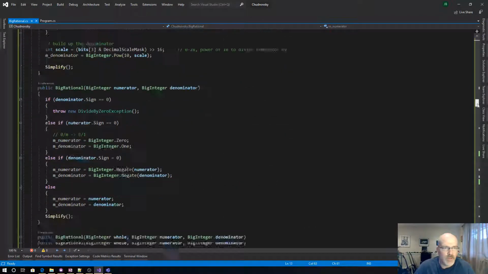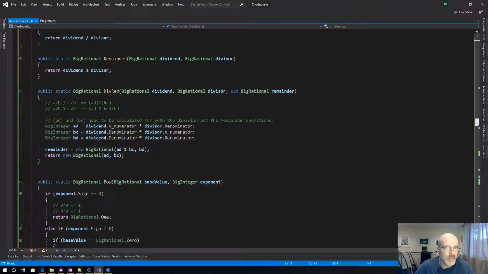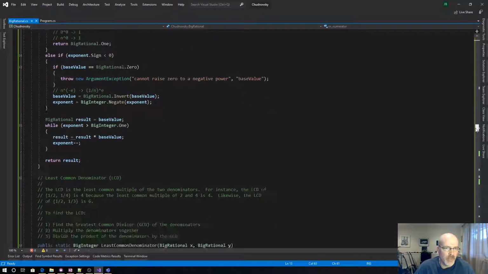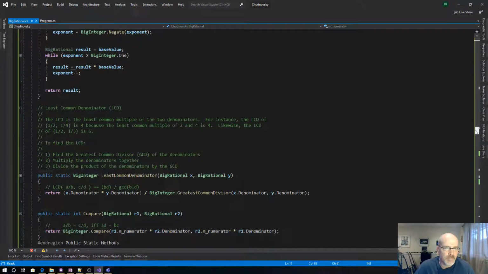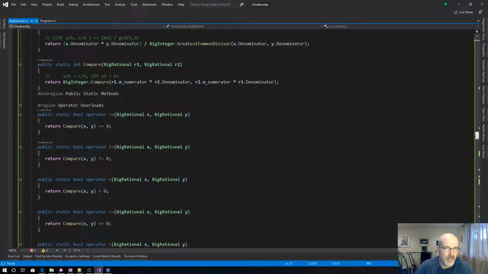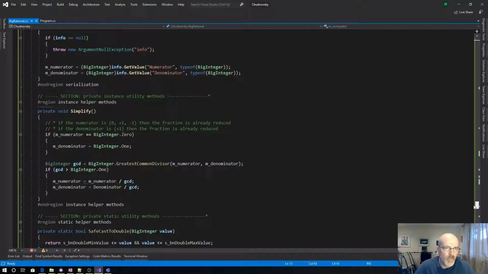I don't think so. Yeah, I noticed it had a pow in here, so that was good. It does have an LCD, but oh, it does have a simplify.